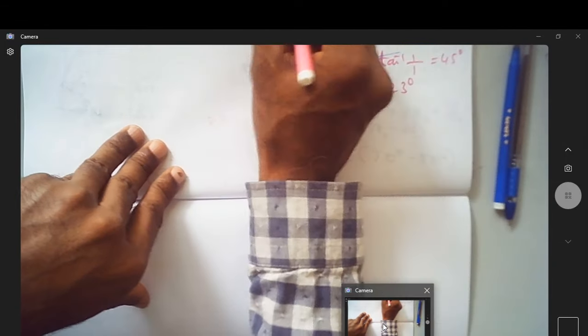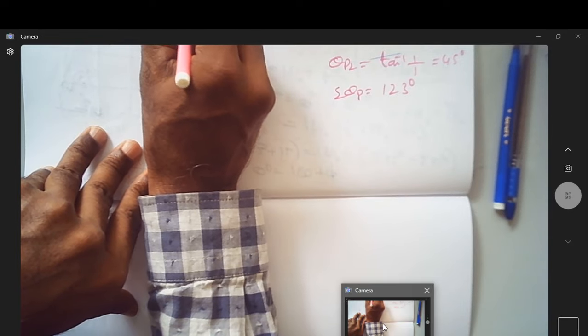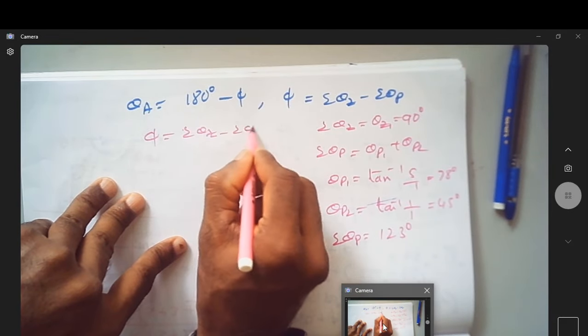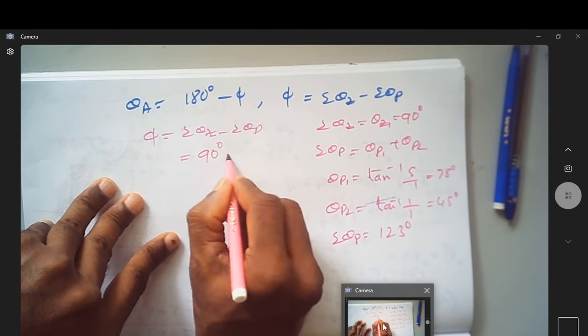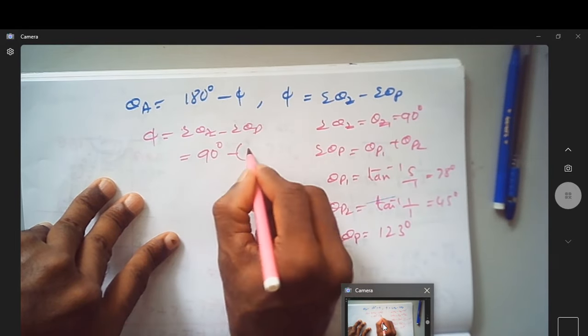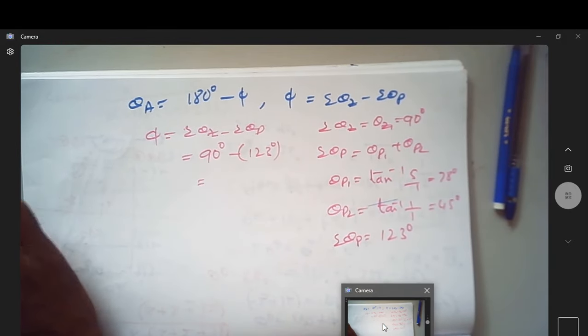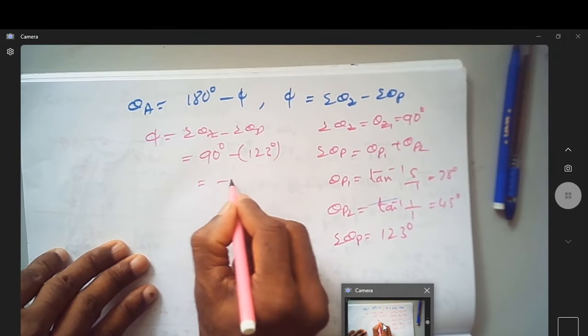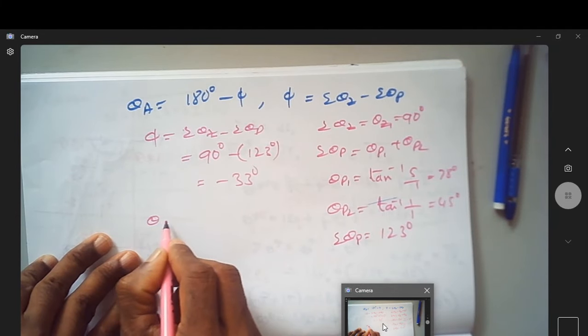Now we have phi equal to summation theta z minus summation theta p. Theta z happens to be 90 degrees, whereas theta p happens to be 123 degrees. So phi is minus 33 degrees. What is then theta a?